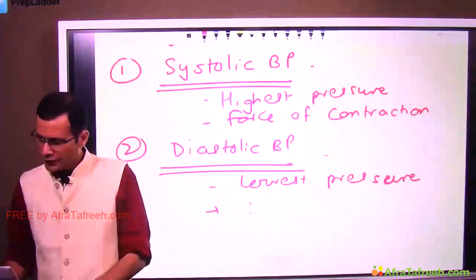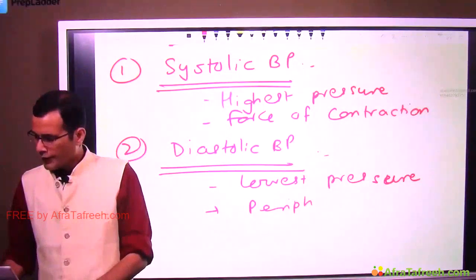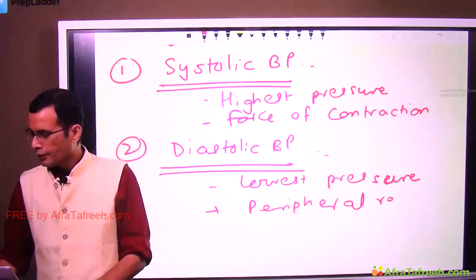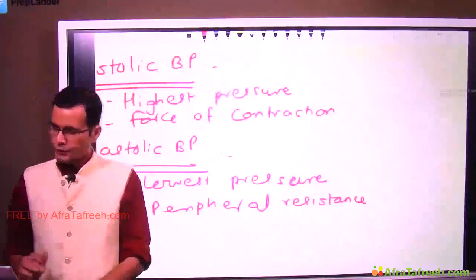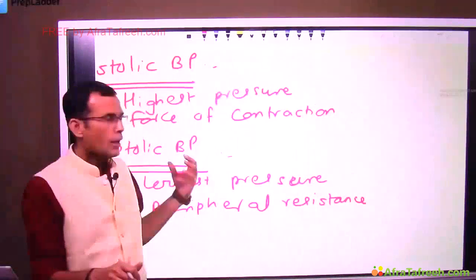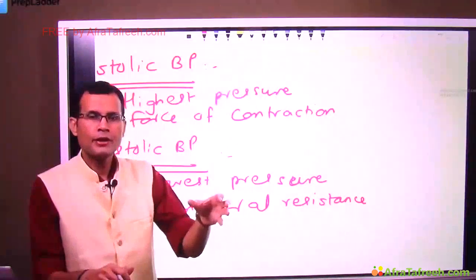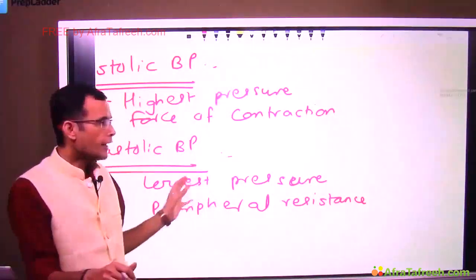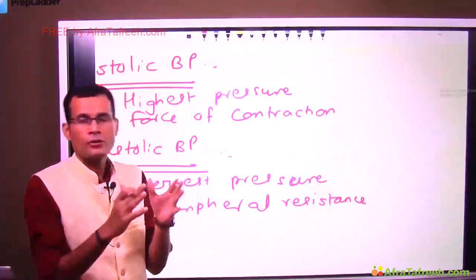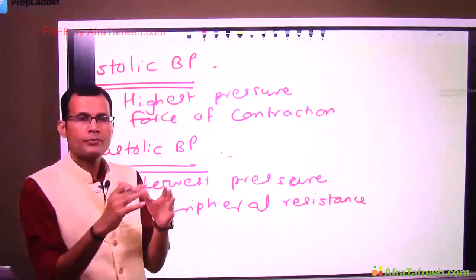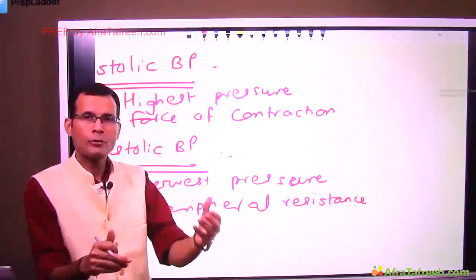What does it indicate? It indicates peripheral resistance. Diastolic blood pressure is the one in which the heart is not ejecting out, the heart is not in systole. So that time the resistance on the blood vessels will determine how the blood is flowing with how much pressure.